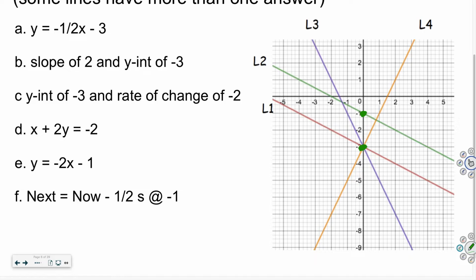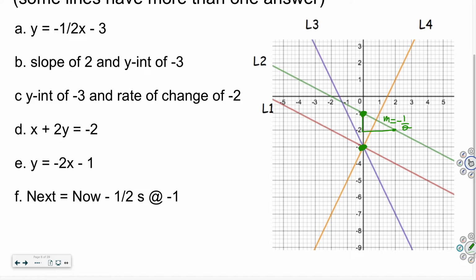Let's look at the one with -1. This one goes down 1 to the right 2, so m equals -1/2. It has a slope of -1/2 and a y-intercept of -1.